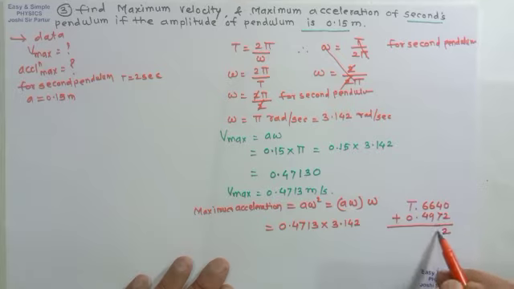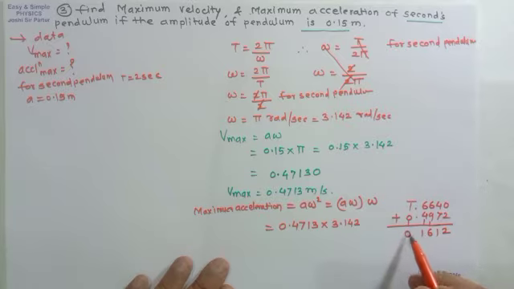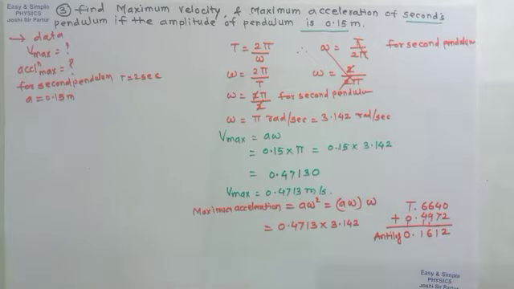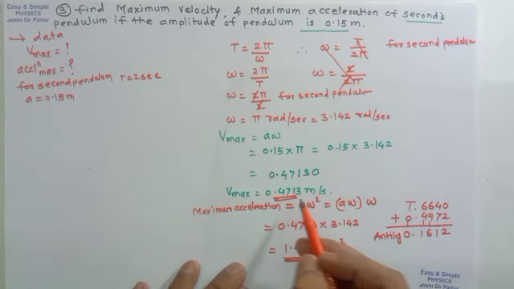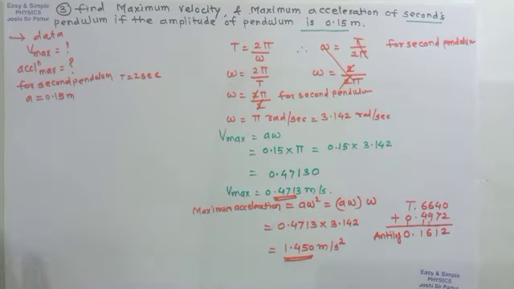Addition will be 2, 11, 16, 11, 0 point. Take its antilog. Antilog of 0.16 in 1, 2 is in mean difference. It is 1.450 meter per second square will be the answer for given example.